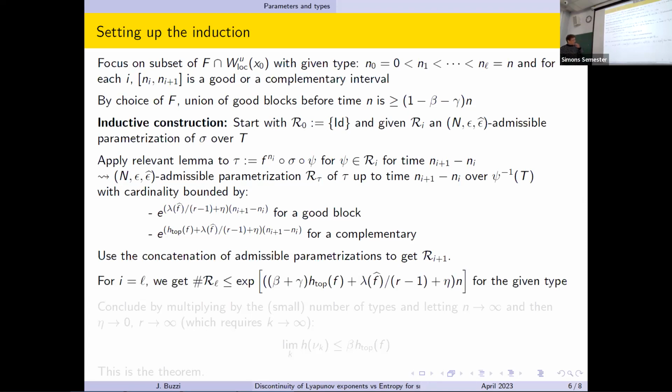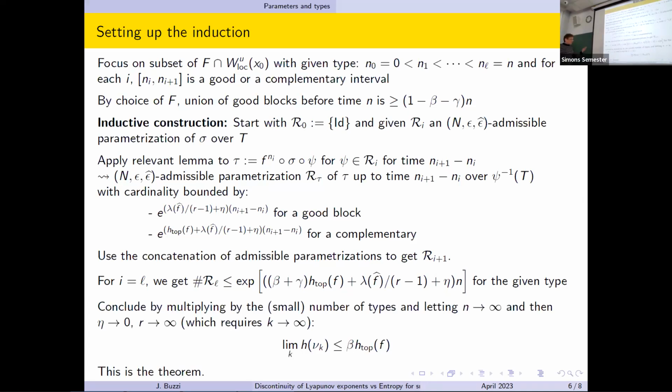Now we count what we have built. We started with 1 and we multiplied by one of these two numbers depending on whether you're on a good block or not, and you get this bound just by saying that the total length of the good blocks is about (1 minus beta) times n.